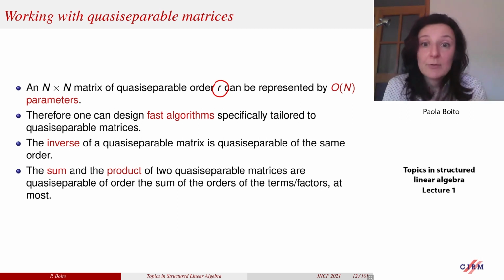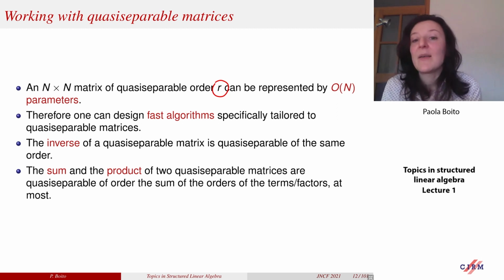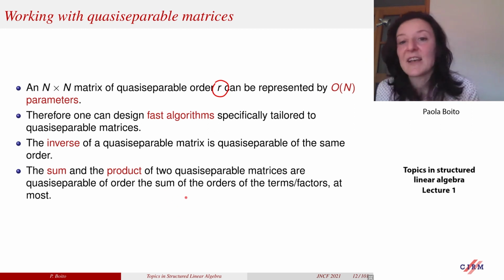In particular, it's useful to observe that the inverse of a quasi-separable matrix is again quasi-separable of the same order, and sums and products of quasi-separable matrices are again quasi-separable, but unfortunately, this time the orders are not preserved. What we have is that the sum or the product has as quasi-separability order the sum of the orders of the terms or the factors.